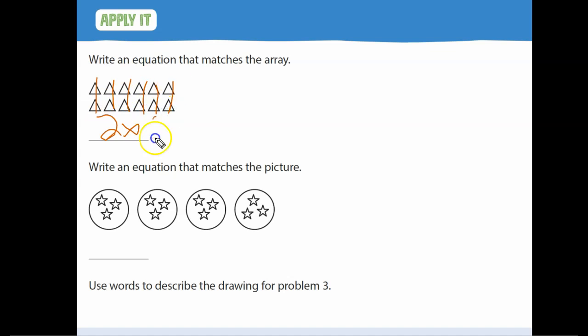So 2 times 6. What's 2 times 6? 12. It says write an equation that matches the picture. Okay. So multiplication. How many groups do I have? 4. Good. How many in each group? 4 times 3 is?